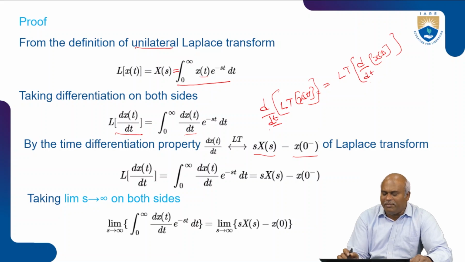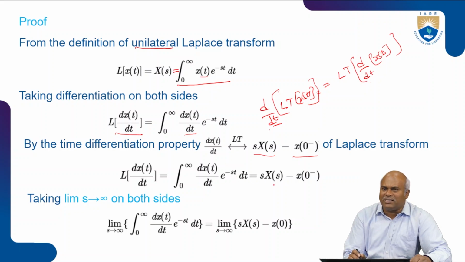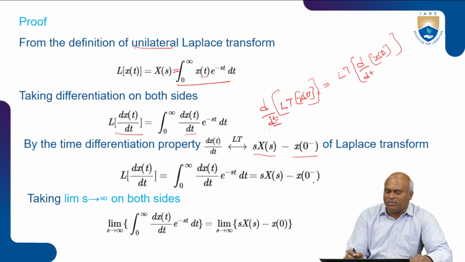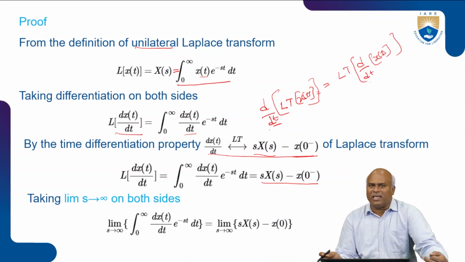Now I write this case: the Laplace transform of d by dt of x of t is the integration from 0 to infinity of dx of t by dt, e power minus st dt, which equals s X of s minus x of 0. That is, s X of s minus 0, because we know this is the first derivative of the Laplace transform case.